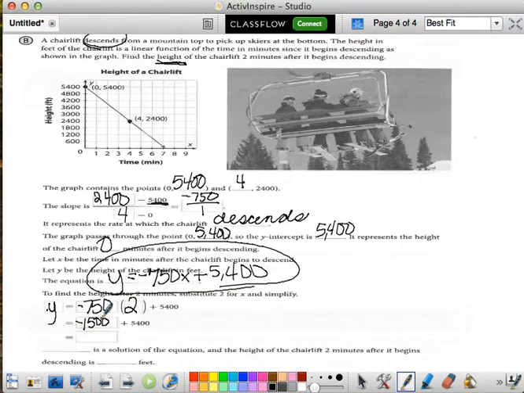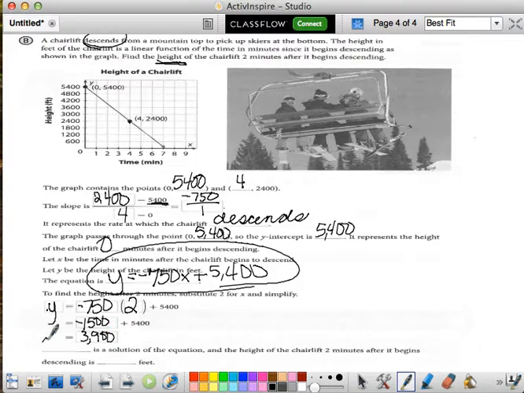The slope tells me it goes down 750 feet in 1 minute, so in 2 minutes, it'll have gone down 1,500 feet. If I'm descending 1,500 feet from the 5,400, that puts me at a height of 3,900.